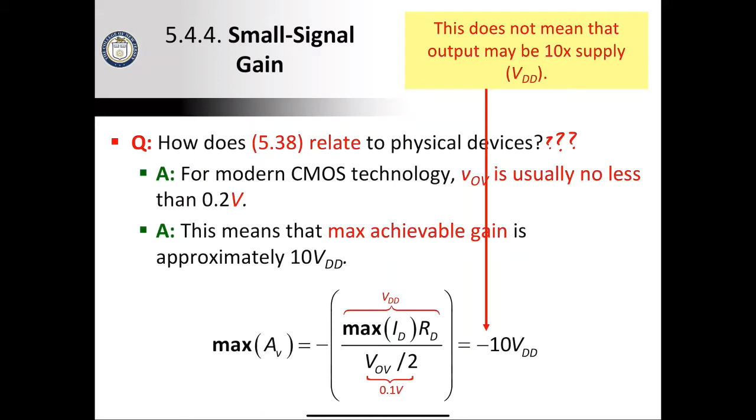So how does 538 relate to physical devices? For modern CMOS technology, the overdrive voltage is usually no less than 0.2 volts, or the large signal value that you'll be using to maintain in the saturation region will be no less than 0.2 volts. And this means that the maximum achievable gain you'll get is somewhere in the range of absolute value, 10 times whatever the VDD value is.